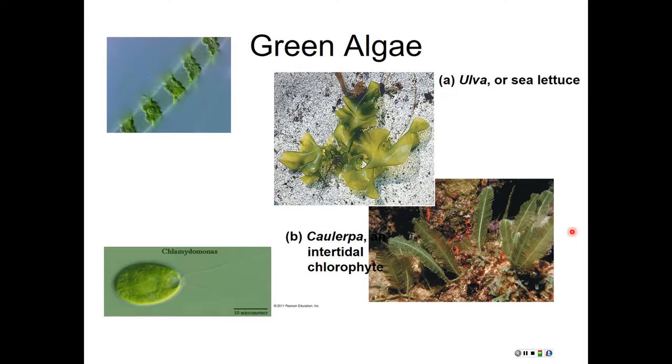We divide the green algae into two groups known as the charophytes and the chlorophytes. So it is the charophytes that are actually the most closely related to plants. So these are the closest relative, and we're actually going to discuss the charophytes along with plants.